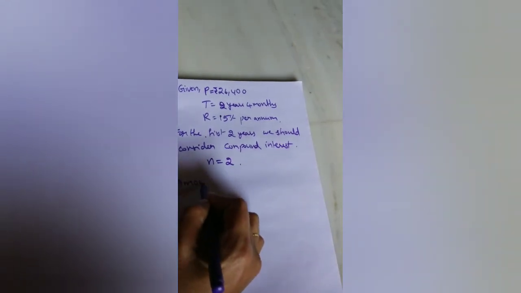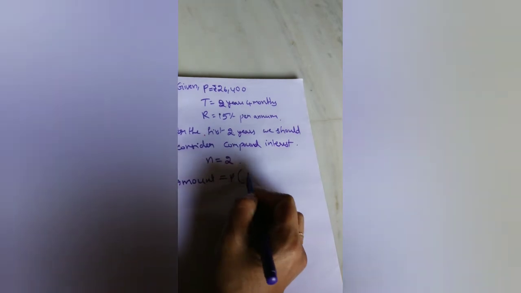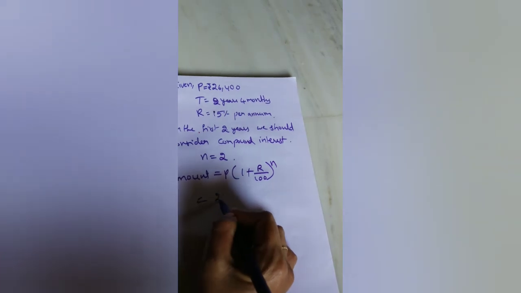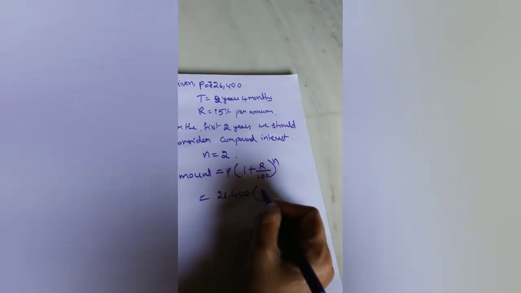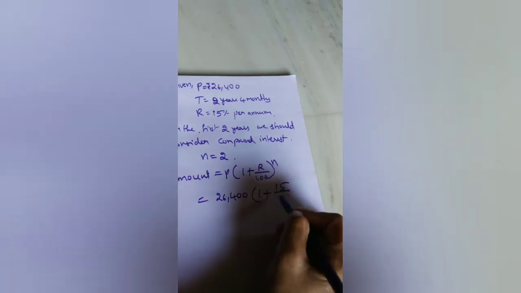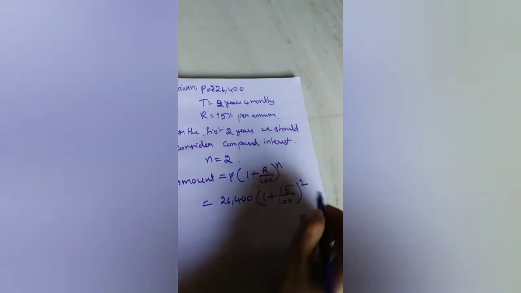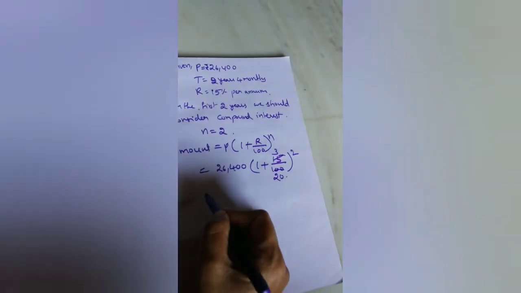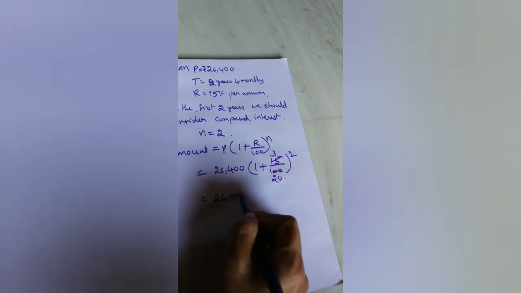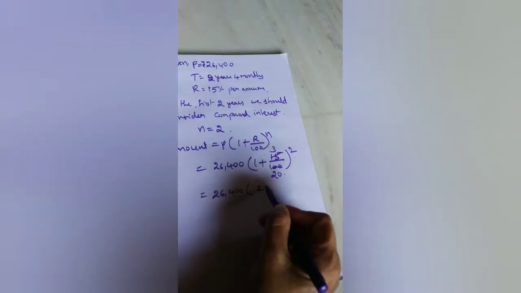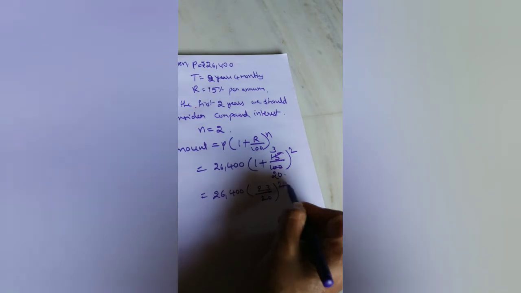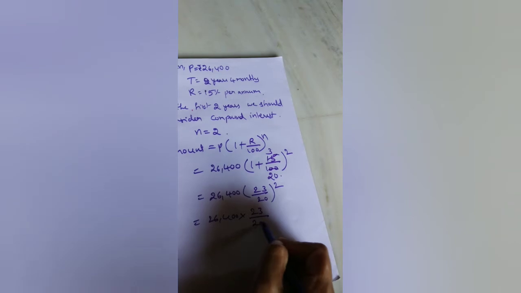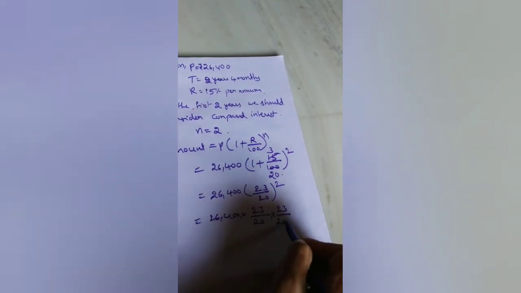So the amount is P into 1 plus R by 100 whole to the power of N. Just substitute the values: 26,400 into 1 plus 15 by 100 whole square. 15 by 100 is 3 by 20, so 1 plus 3 by 20 is nothing but 23 by 20 whole square. 26,400 into 23 by 20 into 23 by 20.